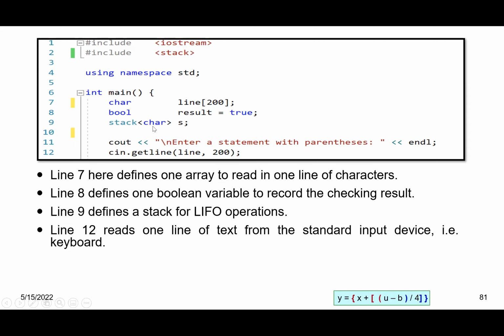Okay, and then I will create a stack called S. And what do I store in every node in my stack? I store a character. The parenthesis, or the bracket, is actually a character, right? And this variable result is a bool value, either true or false. So when I check, if it's true it means everything matches. If it's false it means something doesn't match.